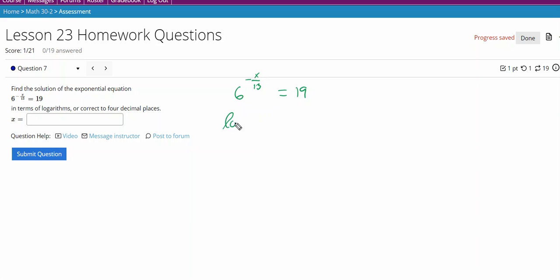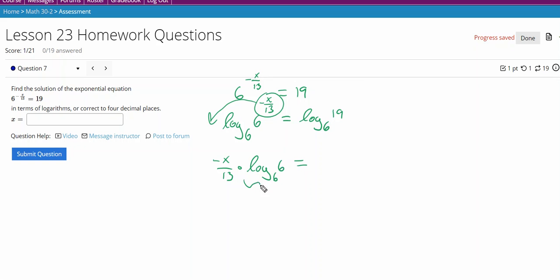That would be log base 6 of 6 to the power of negative x over 13 is equal to log base 6 of 19. Now we get to bring this down, right? That was the whole point, I needed to get that x out of the exponent. So now what we have is negative x over 13 times log base 6 of 6.